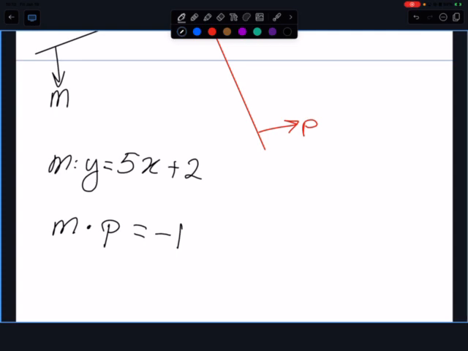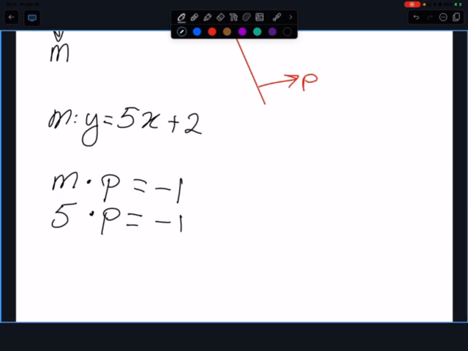So the gradient of M is 5 multiplied by the gradient of P. The answer should be -1. Basic algebra, P is -1 divided by 5.